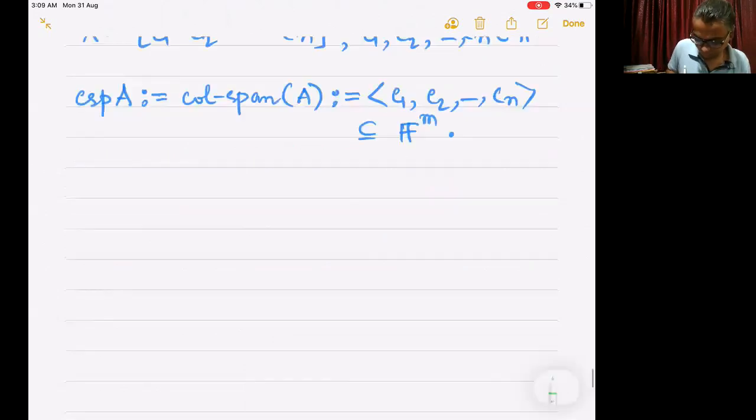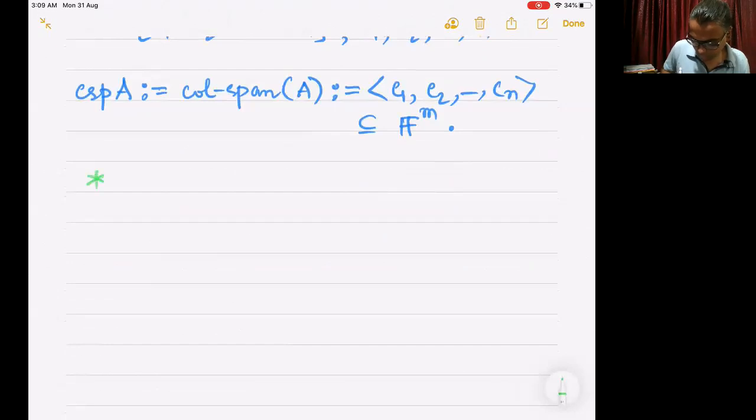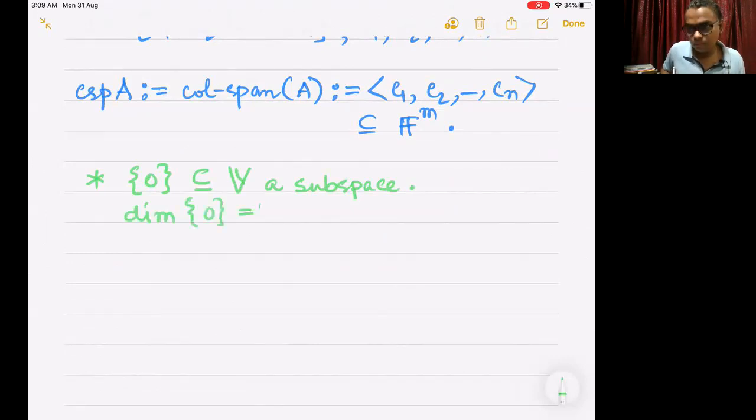The question is the following. The set that contains only the zero vector is a subspace, right? What is its dimension, and which basis will span it?